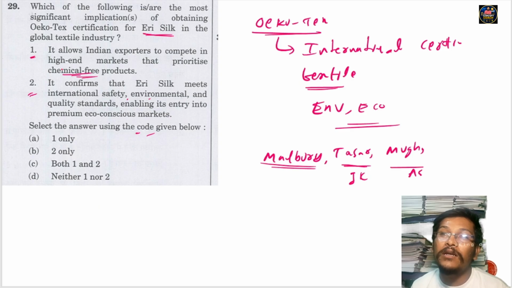This is also correct because Eri silk is certified with the Oeko-Tex certification. So both 1 and 2 are correct. So option C is the correct answer for the 29th question.